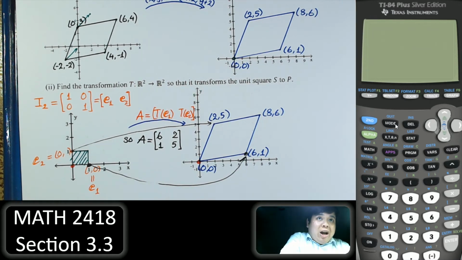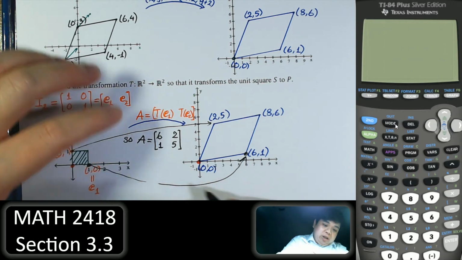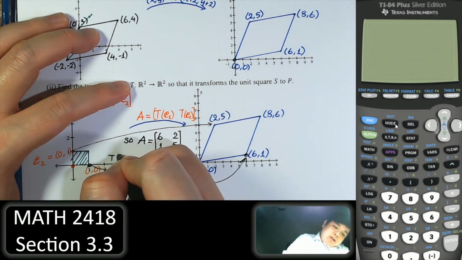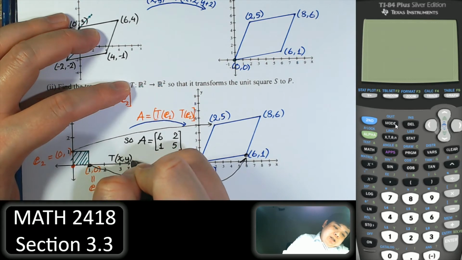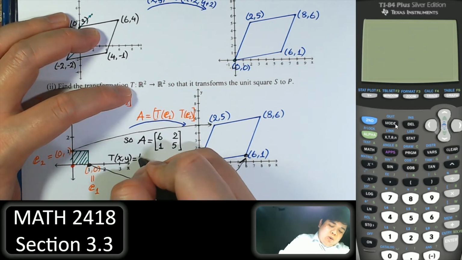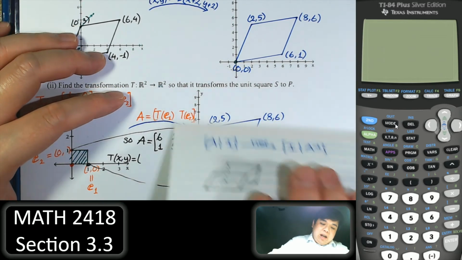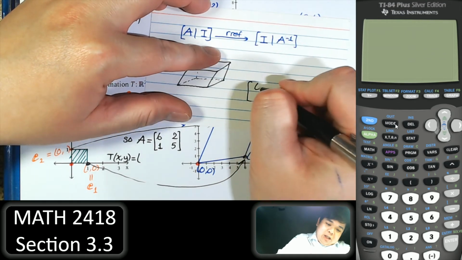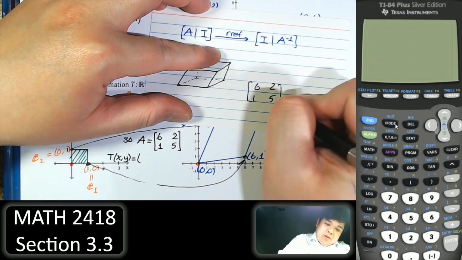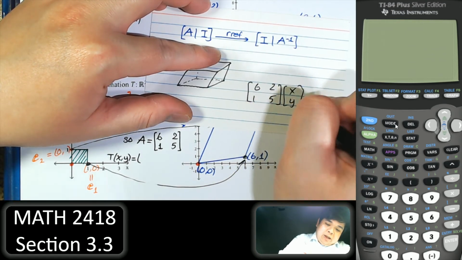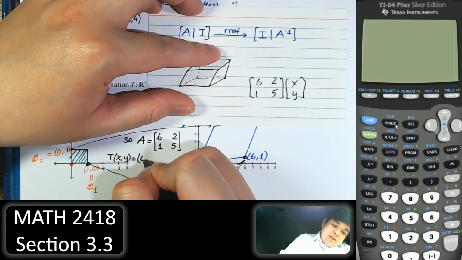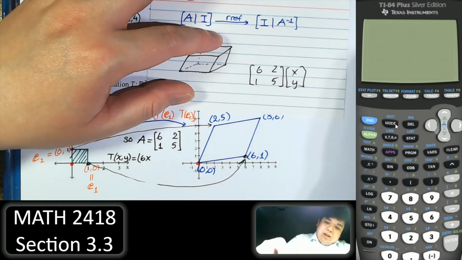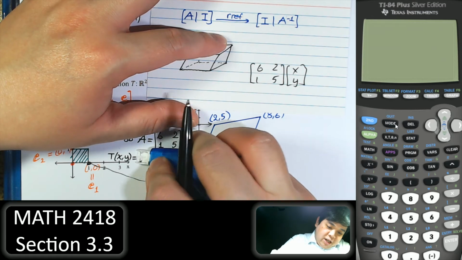Or if we want to write down the actual transformation, we can say it will transform xy by multiplying the matrix 6, 2, 1, 5 by xy. I'll write that in matrix form, it's easier to see.